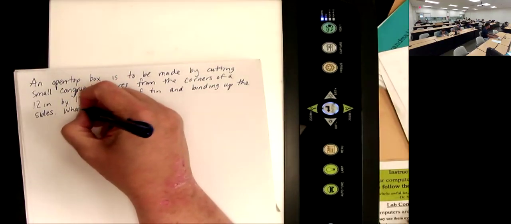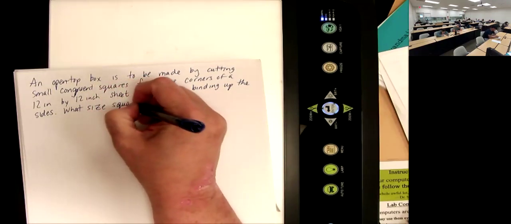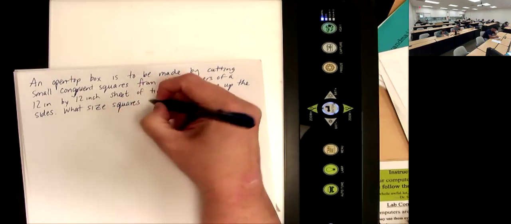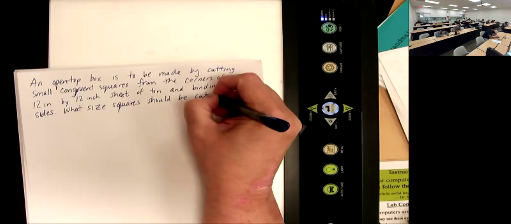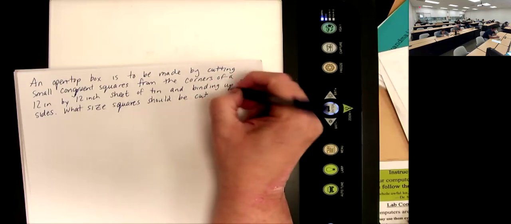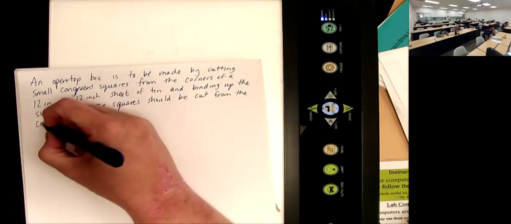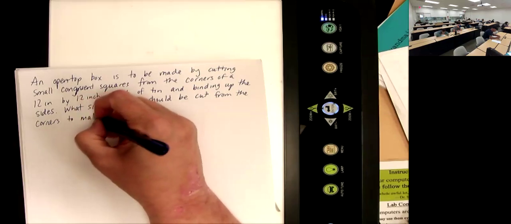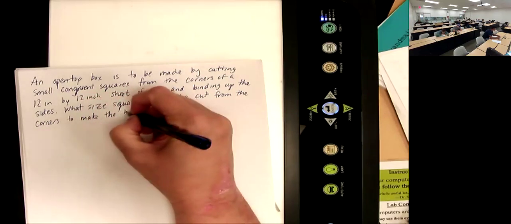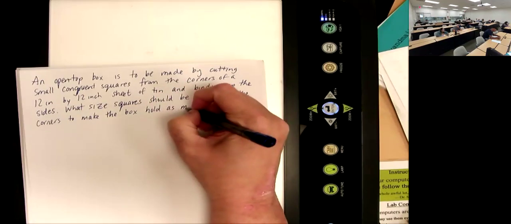What size squares should be cut from the corners to make the box fold as much as possible?